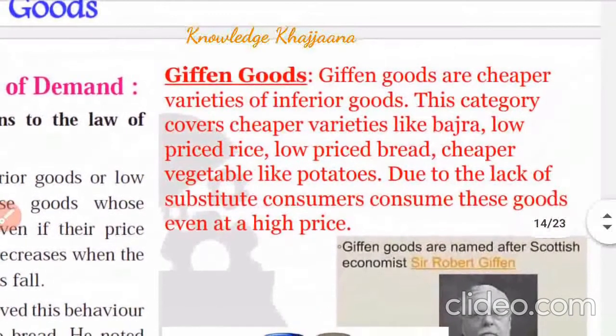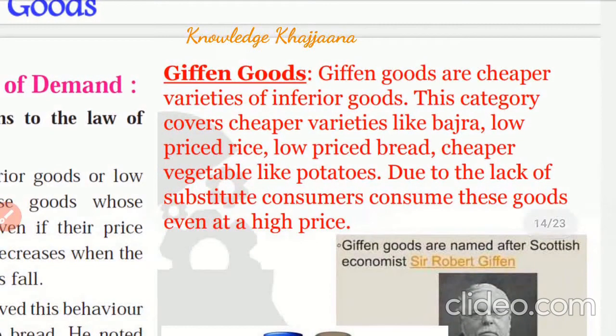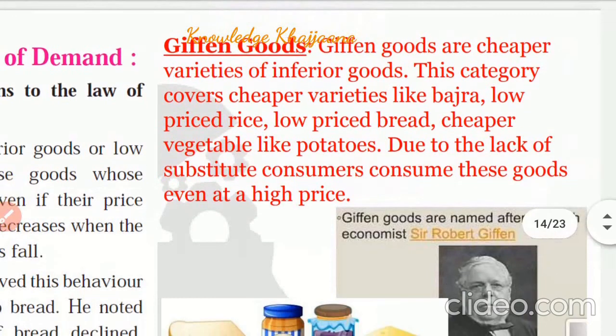What is meant by Giffen goods then? See, Giffen goods are cheaper varieties of inferior goods. This category covers cheaper varieties like bajra, low-priced rice, low-priced bread, cheaper vegetables like potatoes. Due to the lack of substitutes, consumers consume these goods even at a higher price.